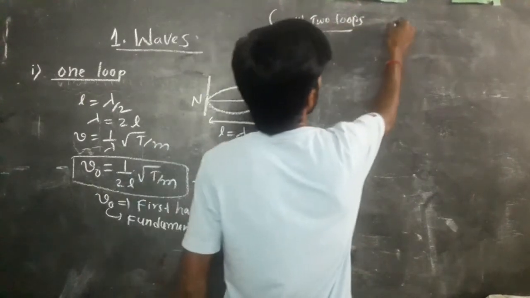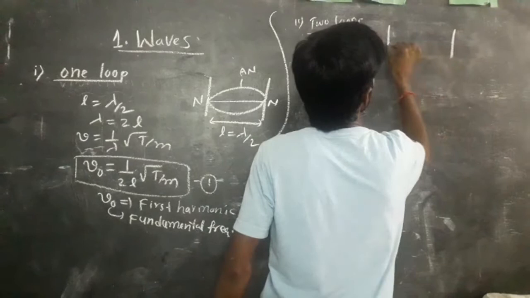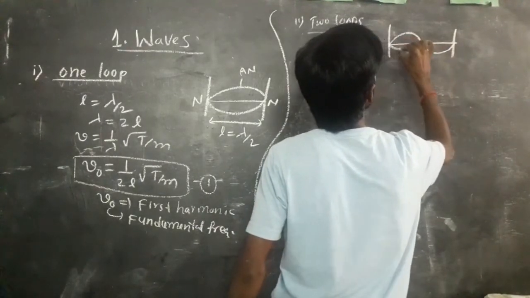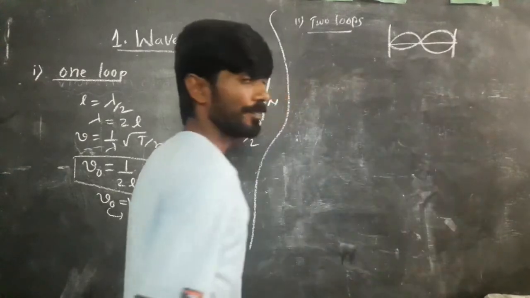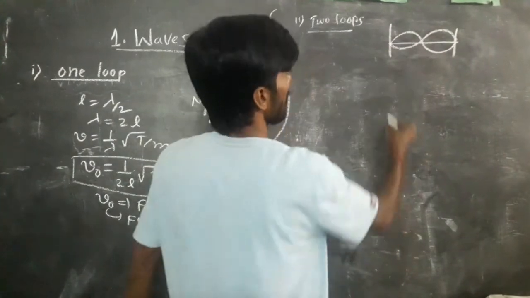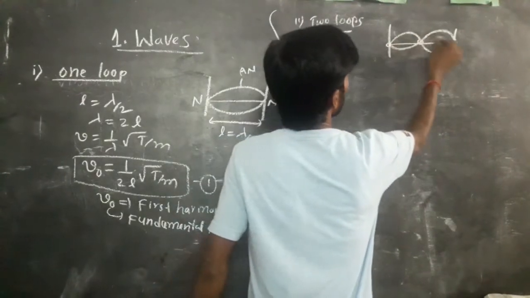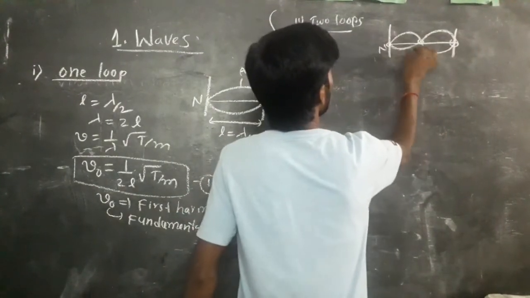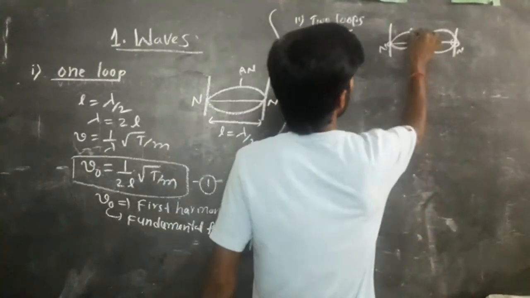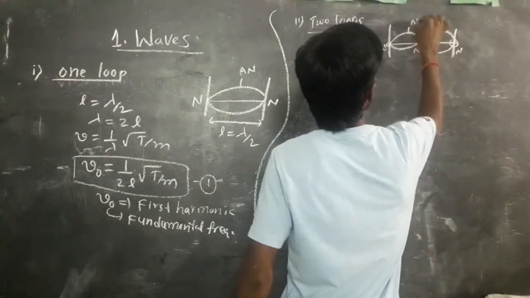Two loops, 1 and 2. When a stationary wave forms two loops, how many nodes are there? 1, 2, 3, and antinodes, 1 and 2.